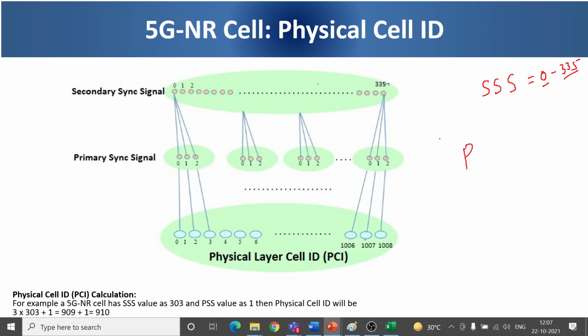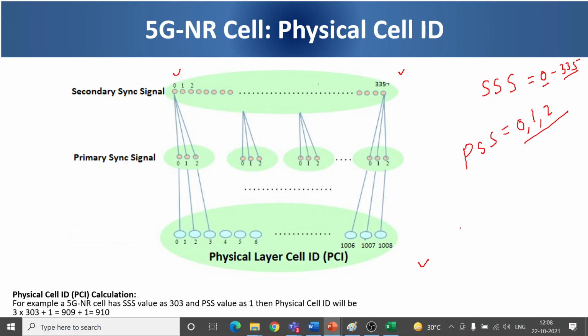From PSS, you can know only three values, either 0, 1 or 2. PSS is decoded first, so it has to match only three patterns, and once it has detected PSS, it becomes easy for the system to do the SSS part. So based on these two, it can calculate the cell ID.